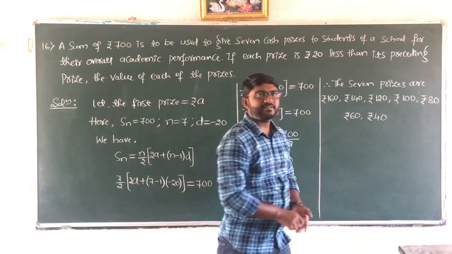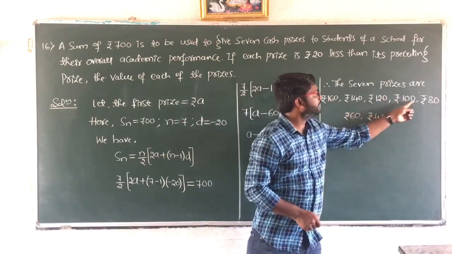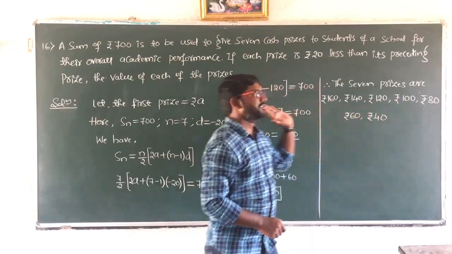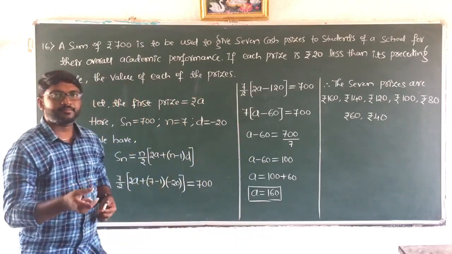So overall we have 7 prizes here: 1, 2, 3, 4, 5, 6, 7. So this is all about the 16th problem.